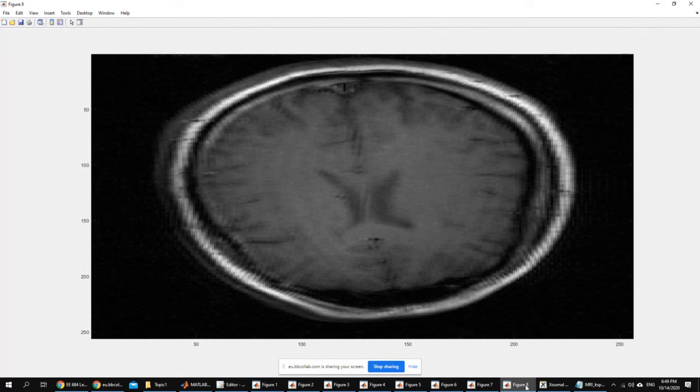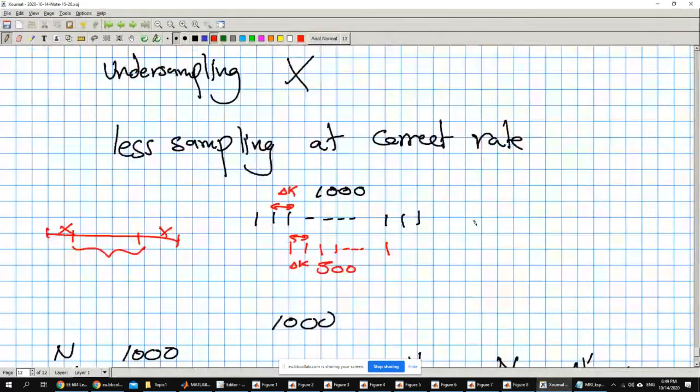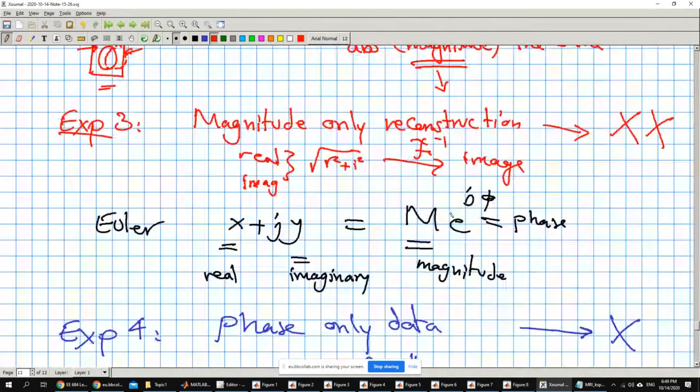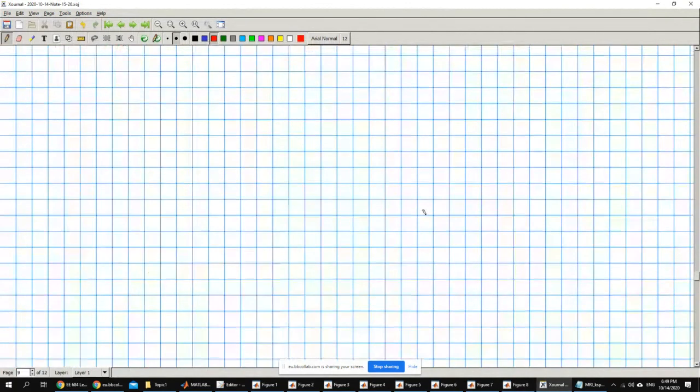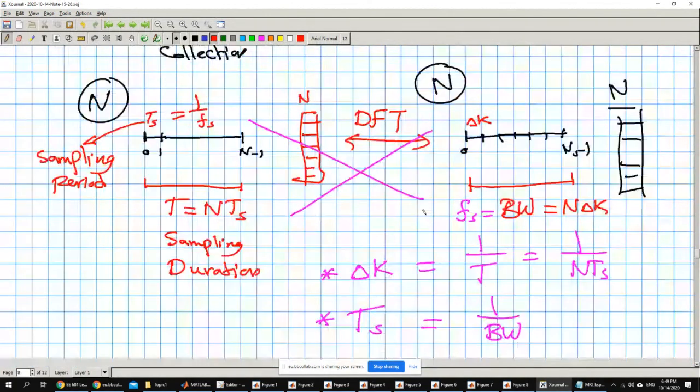And this is why we actually needed to have more bandwidth, because when you have more bandwidth, you have more resolution on the other side. If you go back to the equations, when you reduce the bandwidth, here is related to the TS, the sampling step.